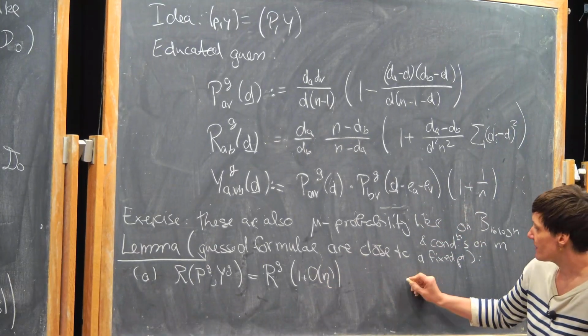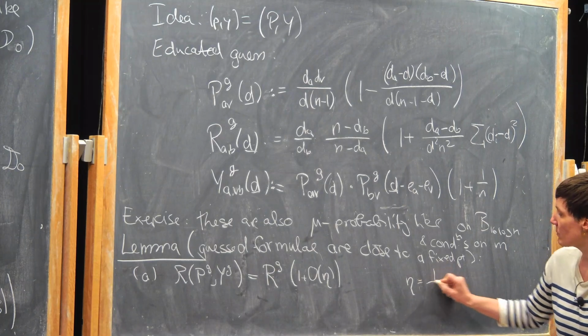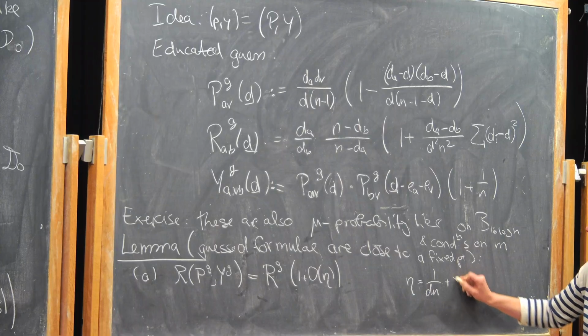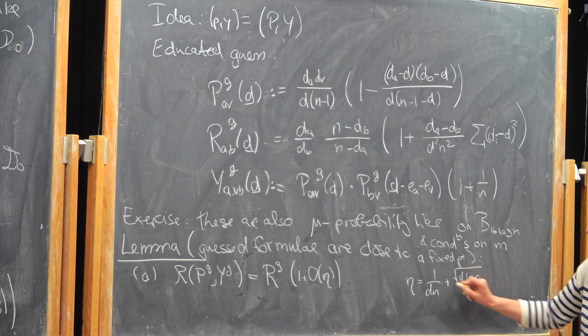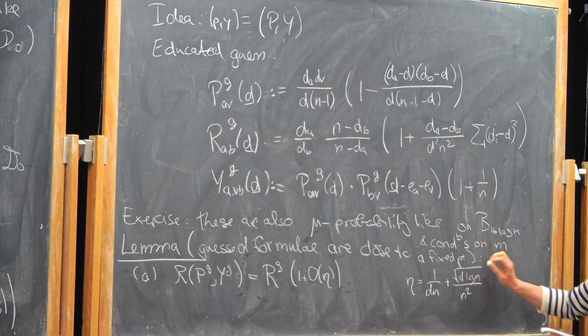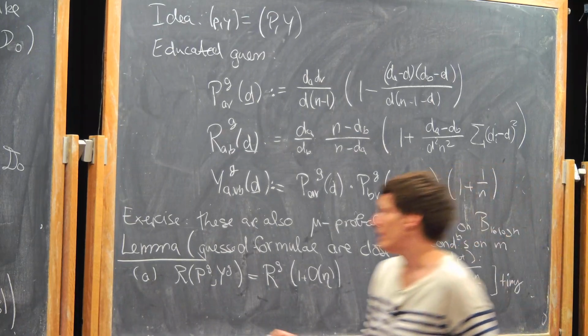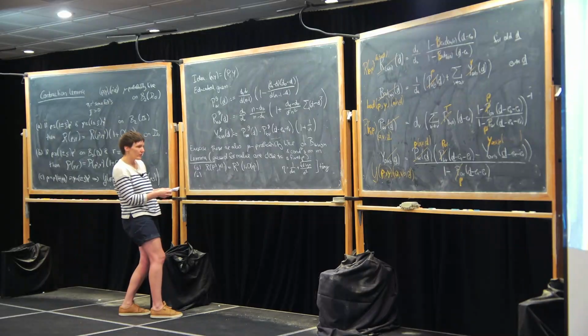But this error is tiny. So here, this eta, you should just think of something super tiny. It's 1 over dn plus root d log n over n squared. So the exact form doesn't matter. It matters that this is super tiny. Okay? And then you get a similar thing for the others.